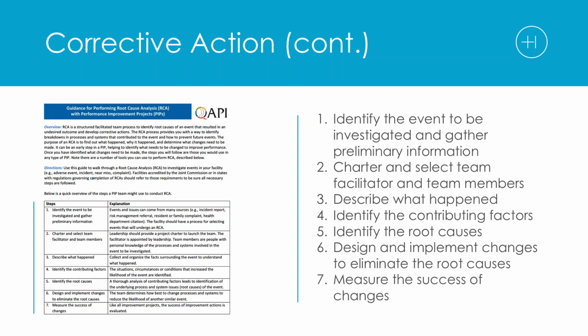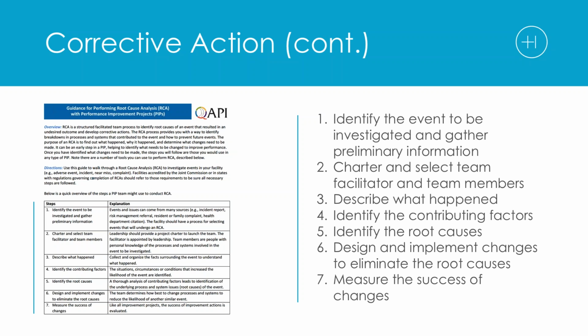You think you might know what happened, but describe it in a way that a layperson or a person not involved would understand what happened. Four is identify the contributing factors. Five is then you go and identify the root cause. Was it human error? Was it systems error? Was it environmental? We had a hurricane and it knocked this out, or whatever it was.